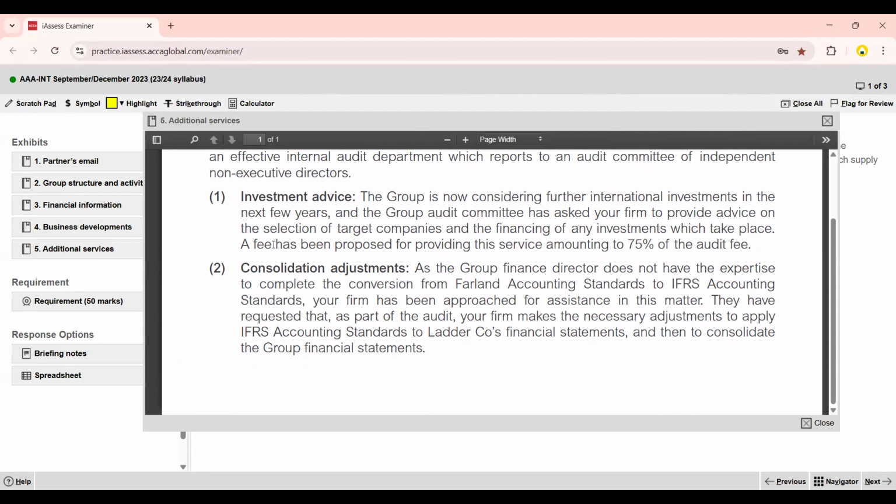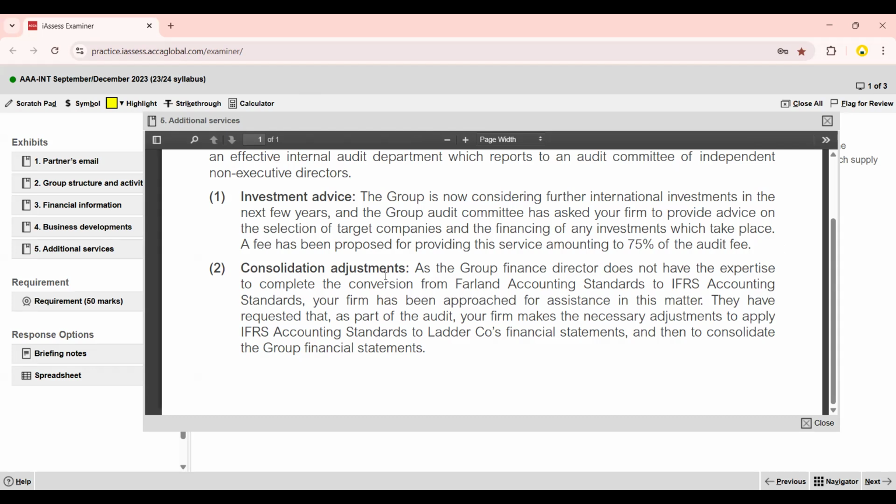Remember, 1 point for 1 mark. The group audit committee has asked your firm to provide advice on the selection of target companies and the financing of any investments which take place. A fee has been proposed for providing this service amounting to 75% of the audit fee: self-interest threat and advocacy threat.